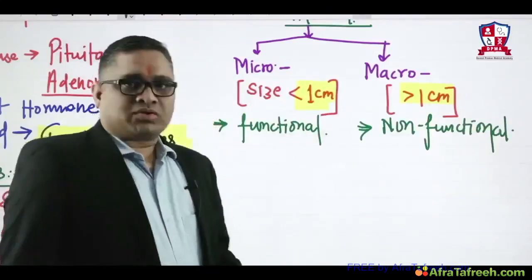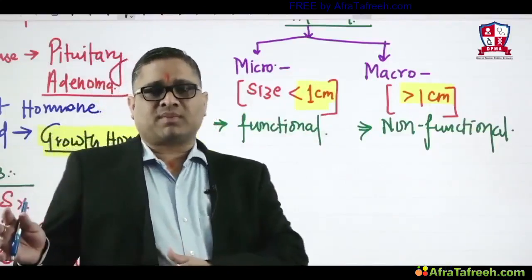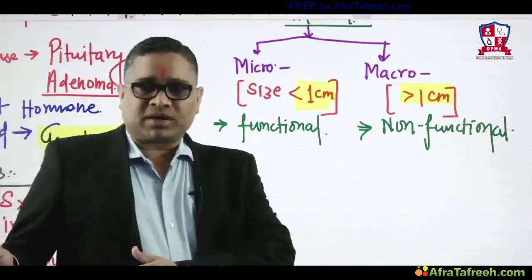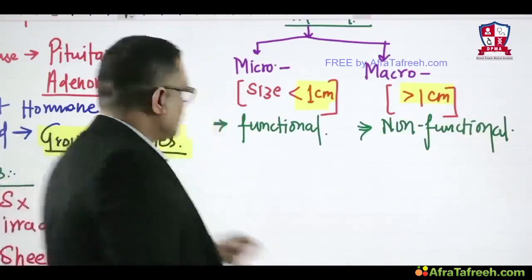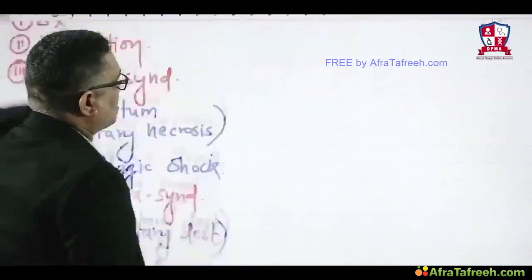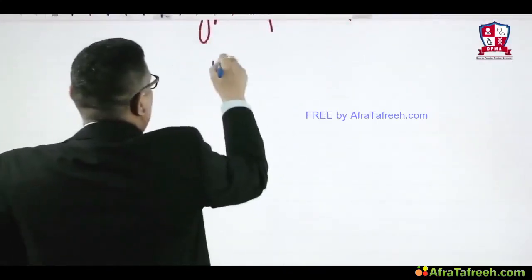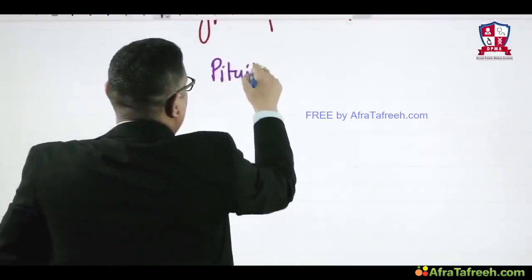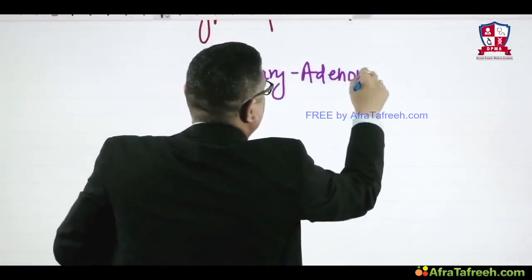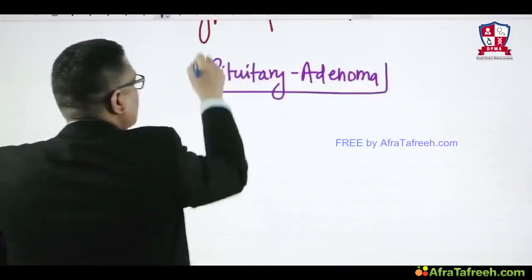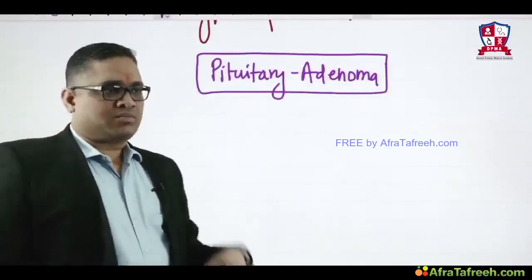So next we are going to discuss pituitary adenoma, because we have seen pituitary adenoma is the common cause for hypopituitarism and hyperpituitarism also. So now we are going to discuss pituitary adenoma in detail.